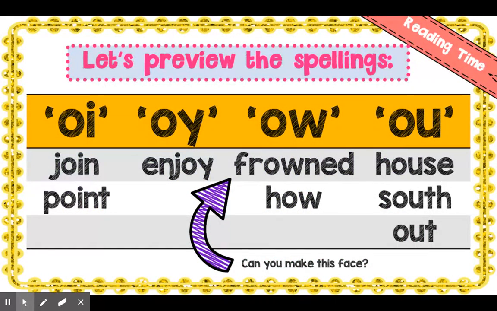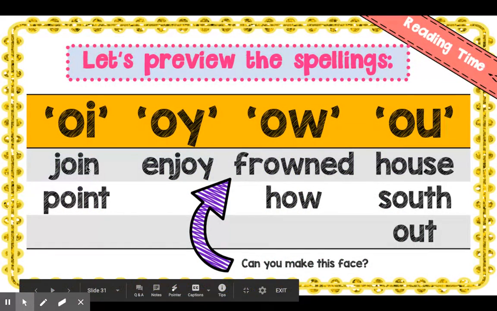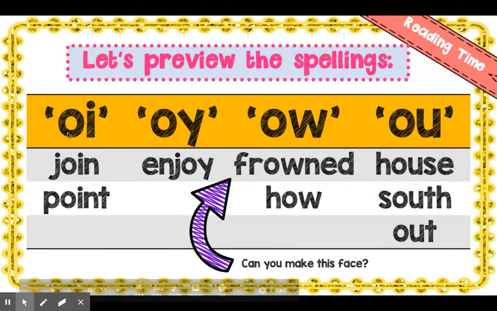We're also going to preview some spellings. Oi. When we see that O-I together, we get our mouths ready to say oi: join, point. And then also the O-Y at the end of words also says oi, like joy.